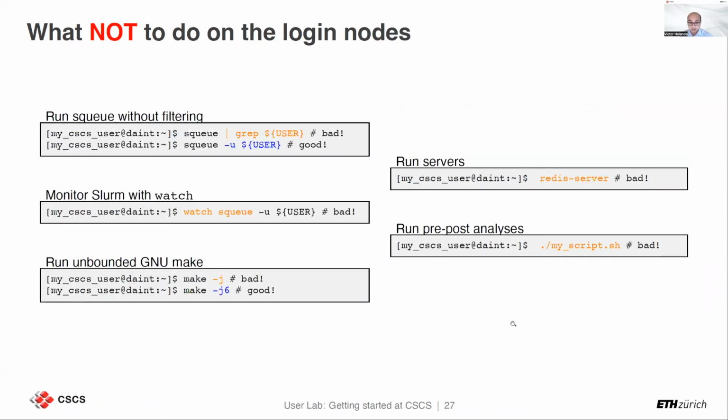Another set of things that you should not be doing, not on Slurm now, but associated to Slurm somehow, are things you should avoid on the login nodes. Some people tend to do squeue and then watch squeue, so they get notified or they see what's happening with their jobs.